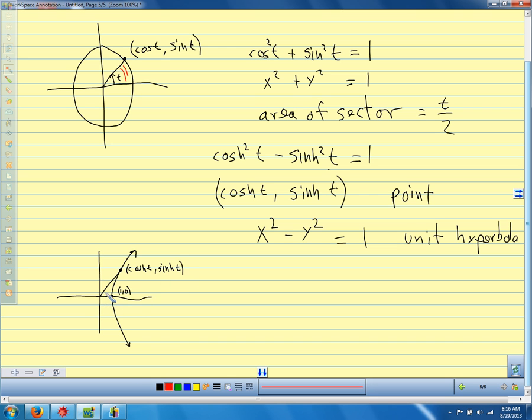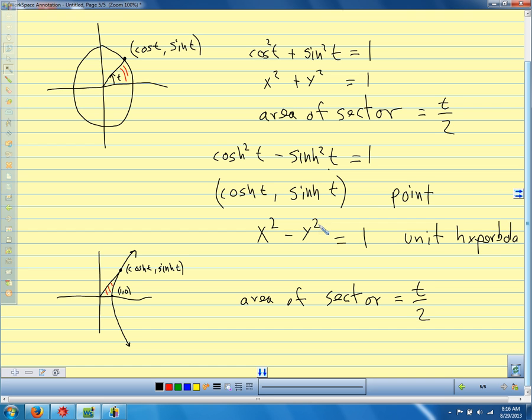And the area of this little sector is t over 2. So we can think of the hyperbolic functions as describing a point on the unit hyperbola, and t describing this hyperbolic angle. So that's where the hyperbola comes in, because this basic identity tells us that we're looking at a point on the unit hyperbola.